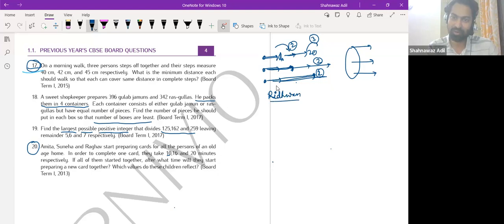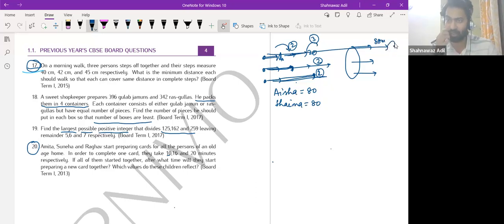Yeah. So Aisha got 80, right? Shaima got 80. So whenever they reach 80 minutes, this one will start making a new card.